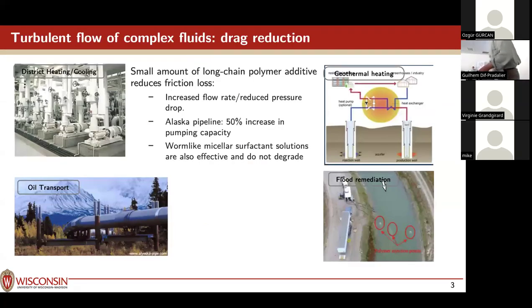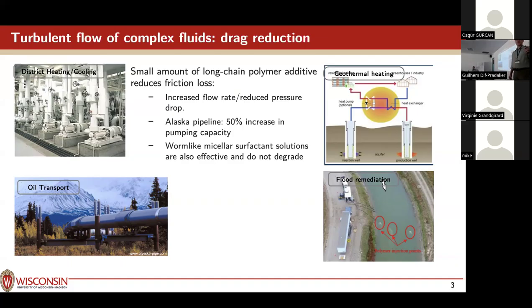So the basic observation that forms the heart of this talk is something that's been known for a long time, and that's if you add a small amount of very long chain polymer molecules to a fluid, then you can dramatically reduce energy losses in the turbulent flow regime in situations where in laminar flow, essentially nothing will change.